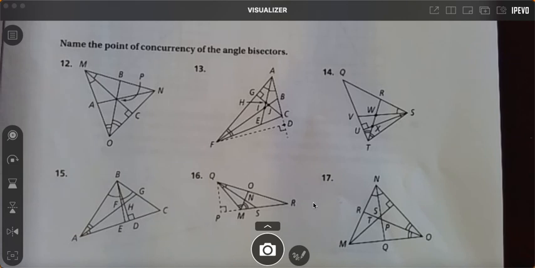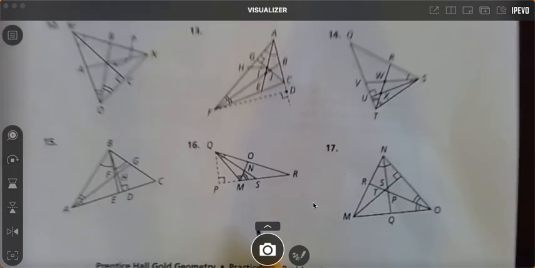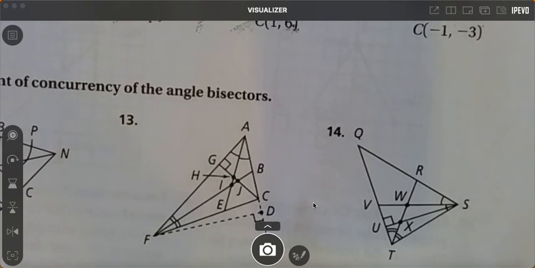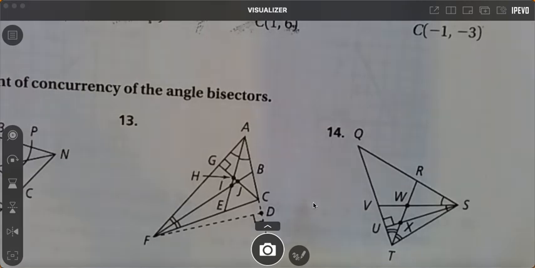Let me see what else. All right. The next one, what's the point of concurrency? This one's the one where they kind of give you several points. Is it H, I, or J? I. How did you get that it's I? It just looks like it. That's a good answer. I ain't even gonna lie, smooth. For your, look, which one is the angle bisector?